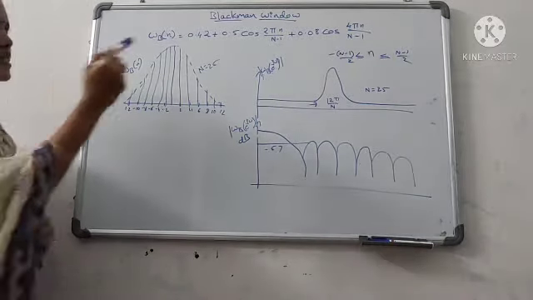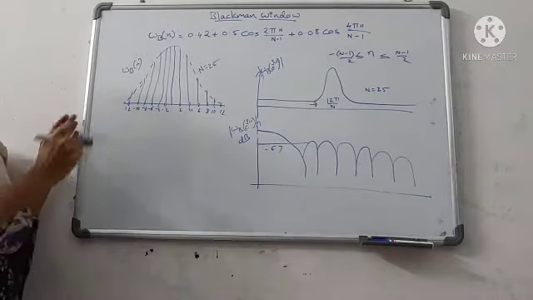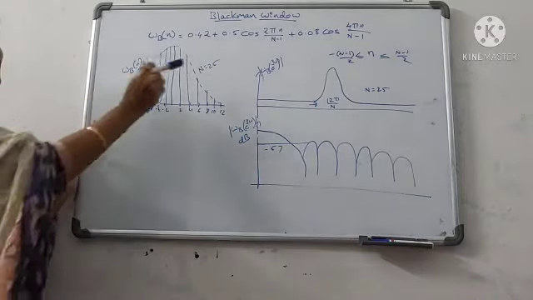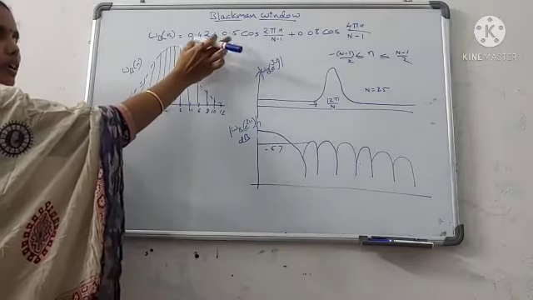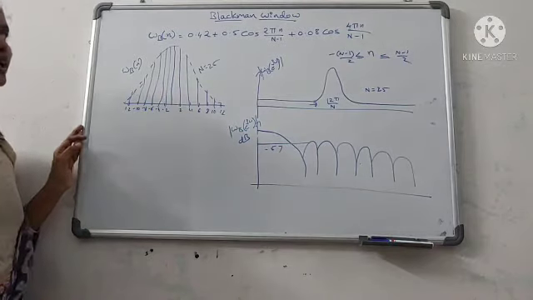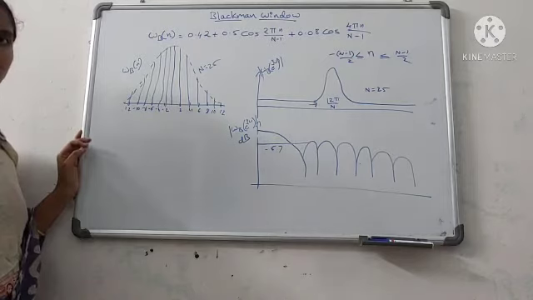The next window technique is the Blackman window technique. The Blackman window, represented as W_B of n, has the equation 0.42 plus 0.5 cos 2 pi n by N minus 1 plus 0.08 cos 4 pi n by N minus 1.